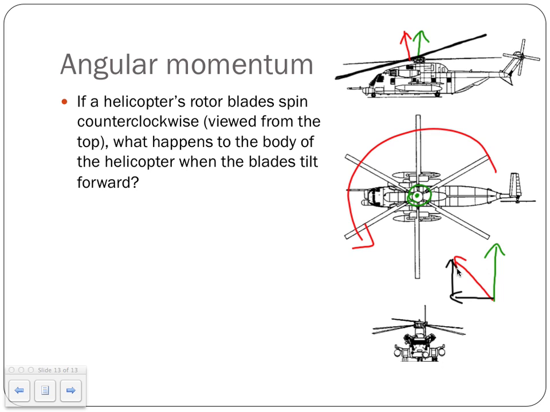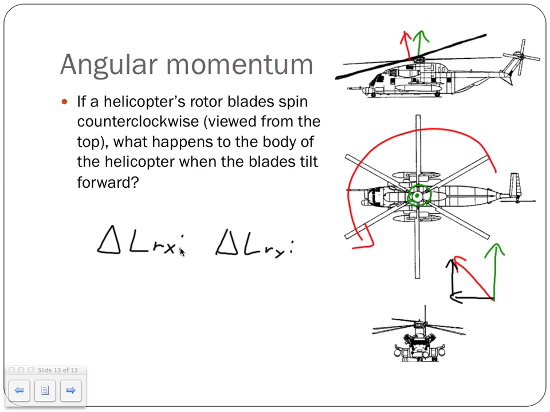So let's look at the change in the angular momentum of the rotor in the x direction, and the change in the angular momentum of the rotor in the y direction. For right now, we're not going to look at numbers, just whether it's positive or negative.